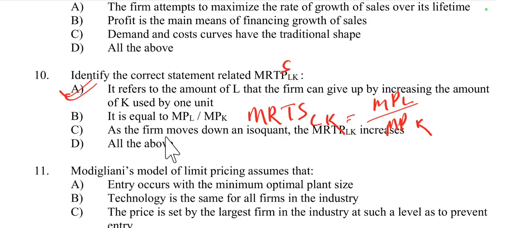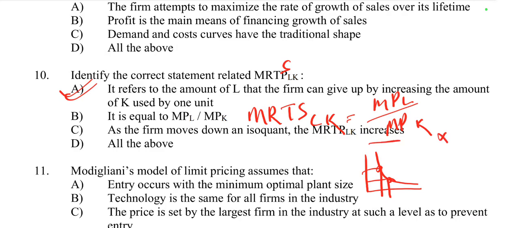Then the third one: as the firm moves down an isoquant, MRTSLK increases. No, C is incorrect, because when it moves from an upper to a lower point, MRTS decreases. MRTS is decreasing, not increasing.